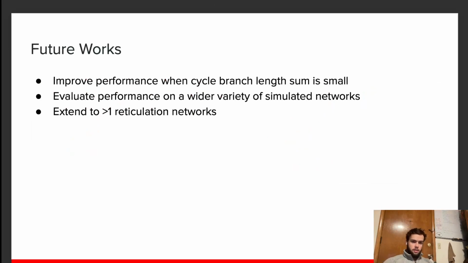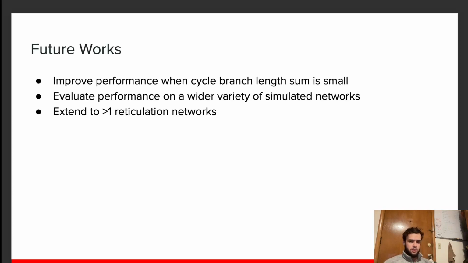So that's what I've been working on, and we're very happy with what we have so far, but in the future, we would really like to improve the performance of the algorithm when cycle branch length sums are small, or identify if that's possible at least. We'd also like to evaluate performance on a wider variety of simulated networks.